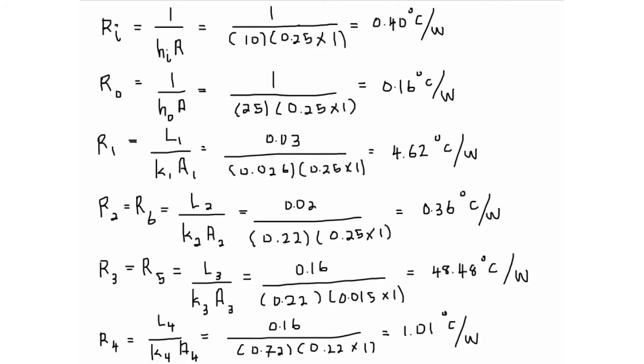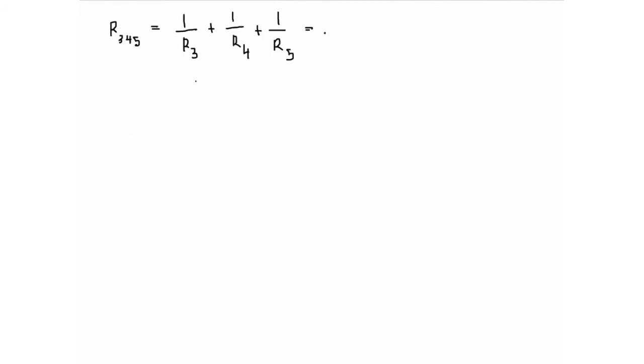So you're going to substitute all these values and you will get R345, to represent the parallel circuit resistance. So the value is 0.97.